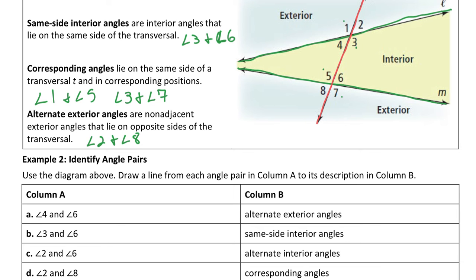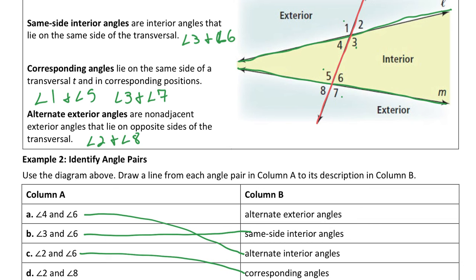So, for example 2, you're using this diagram at the top to draw a line to the correct property or correct angle pair. Angle 4 and angle 6, they're both on the interior, they're on opposite sides. Those are alternate interior angles. 3 and 6, I kind of showed you that one. 3 and 6 are same side interior, so that line goes straight across. 2 and 6 would be an example of corresponding angles.